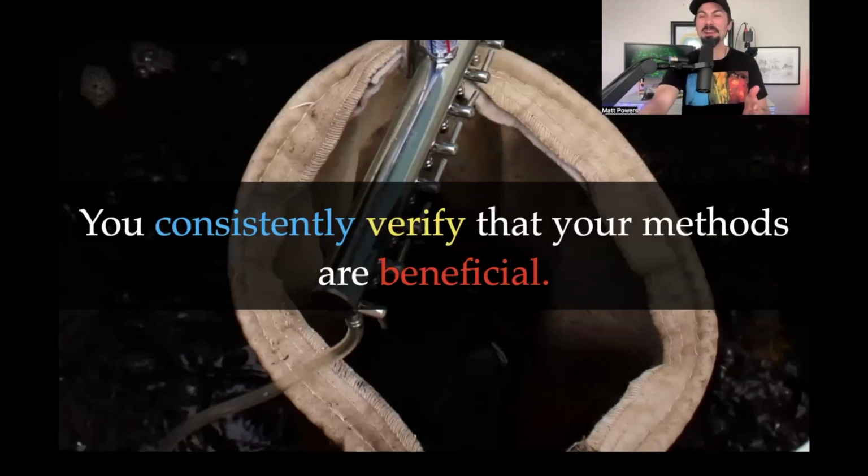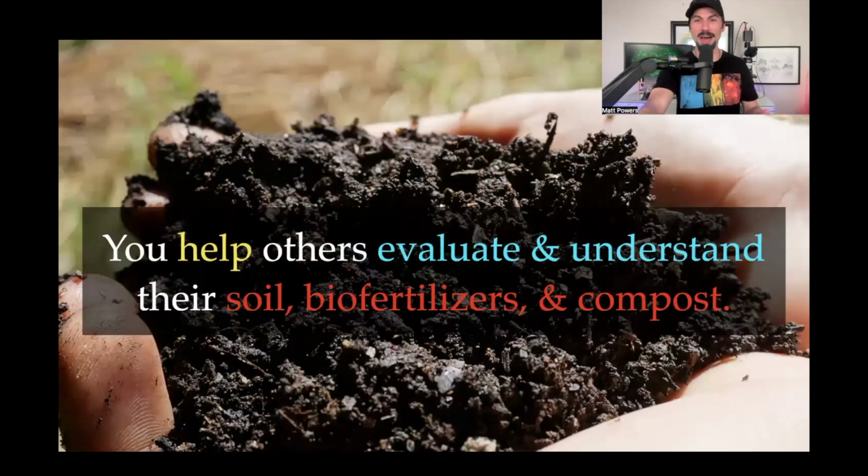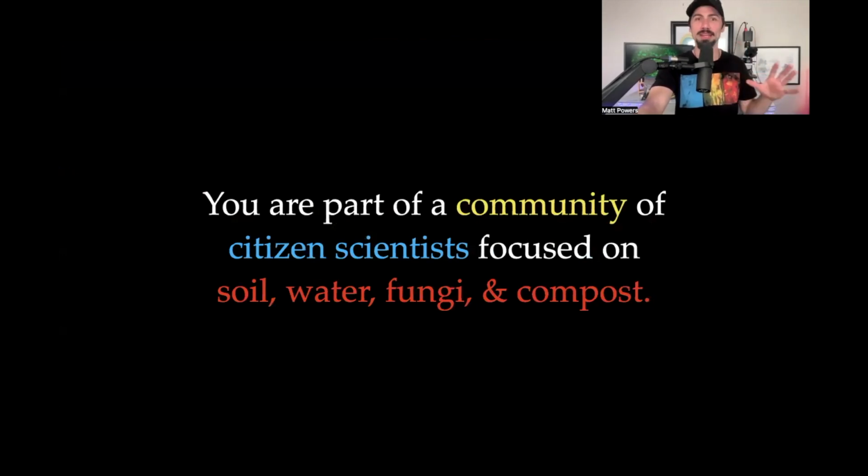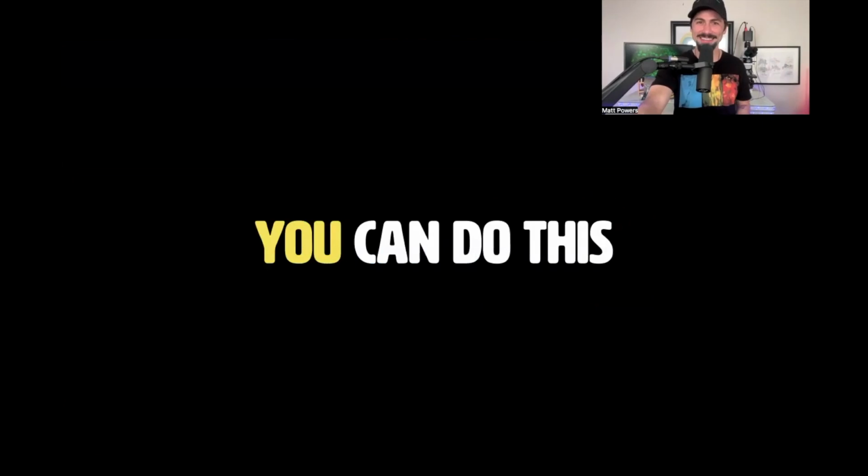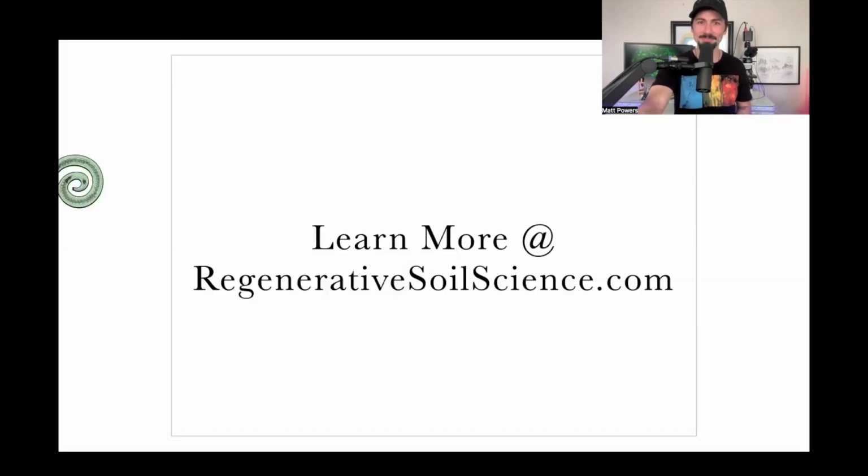You consistently verify that your methods are beneficial. You help others evaluate and understand their soil, their biofertilizers, and their compost, and probably their roots as well. You're part of a community of citizen scientists focused on soil, water, fungi, and compost. Maybe you're part of the Our Soil database. You can do this. I know you can.